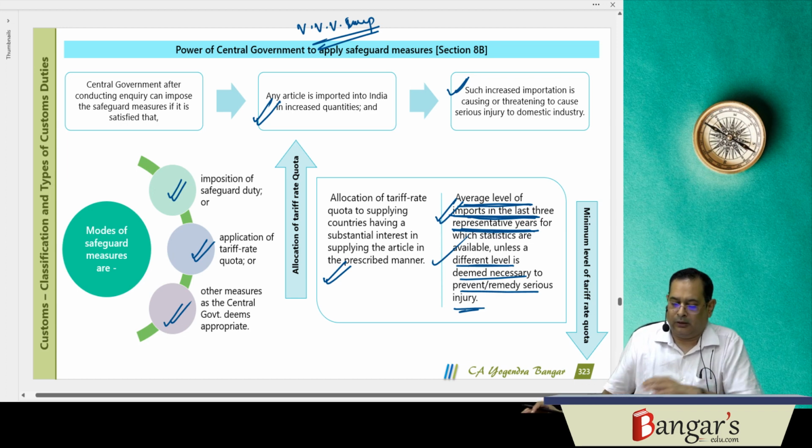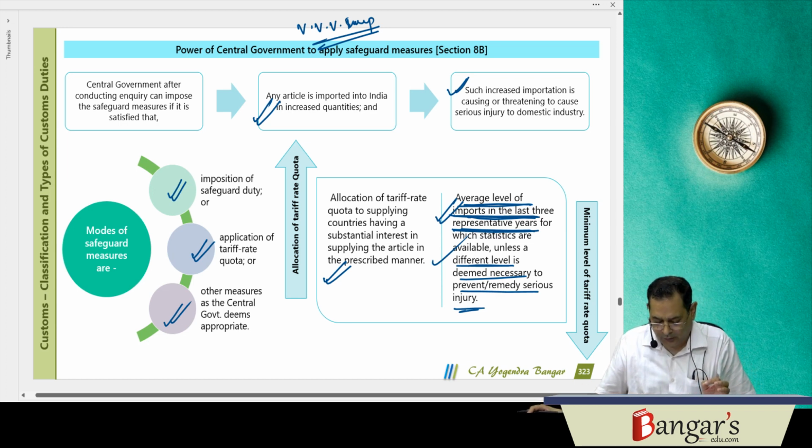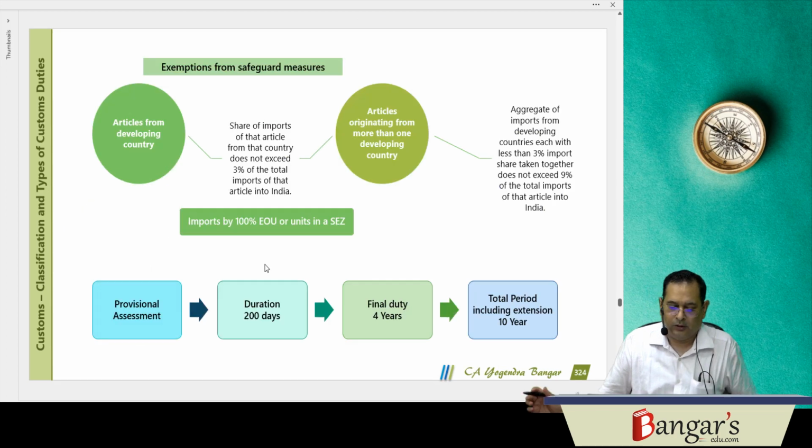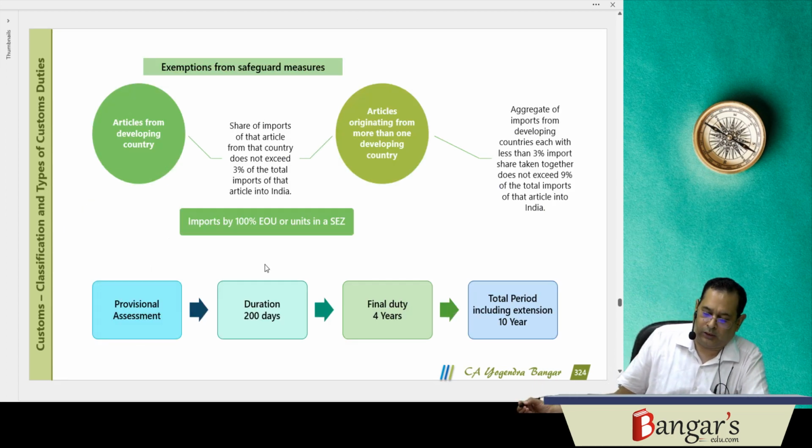So that can be the basis of tariff rate quota. The tariff rate quota will be allocated as per the rules.